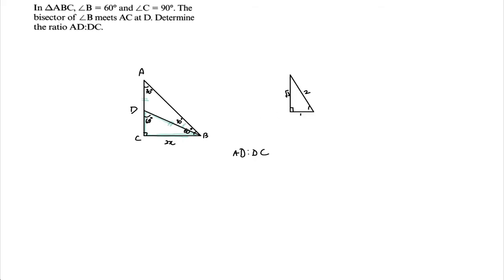If this is 2x, let me just call this one here y. We know that 2x over y has the same ratio as root 3 over 1. So y over 2x is equal to 1 over root 3, meaning y is 2x over root 3.